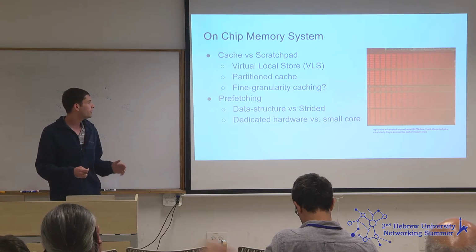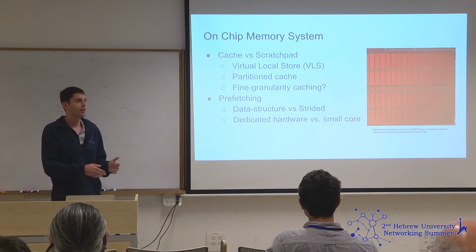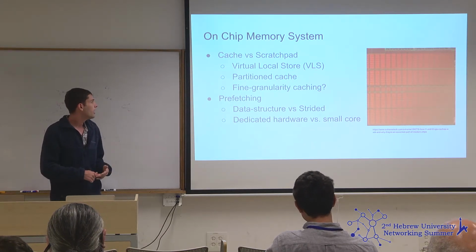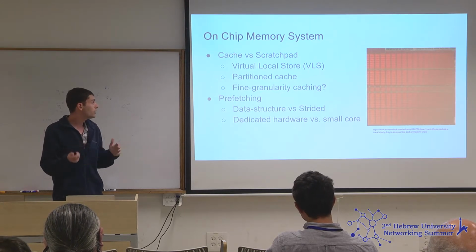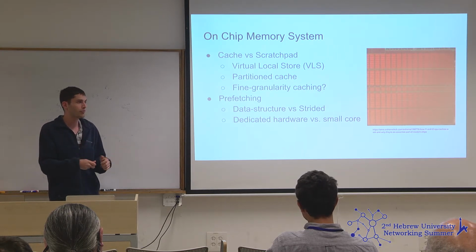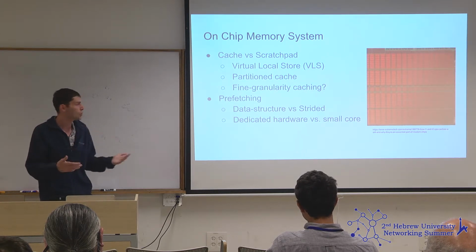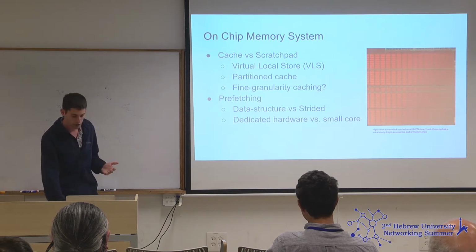So you can talk about strided prefetching, which is very good for GraphMat, for example, because it uses bit vector predication. You can talk about data structure prefetching, which I'll mention in the next slide. But you also need to consider whether you want a dedicated hardware prefetcher, or whether at some point the traversal of the graph becomes so complicated that you will want a small core that will run prefetching separately.